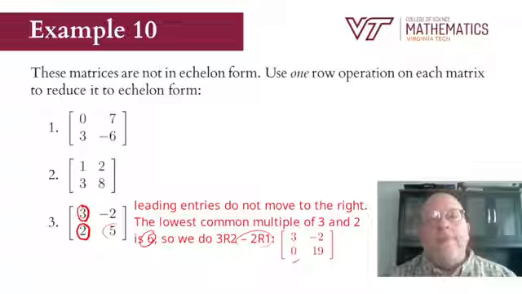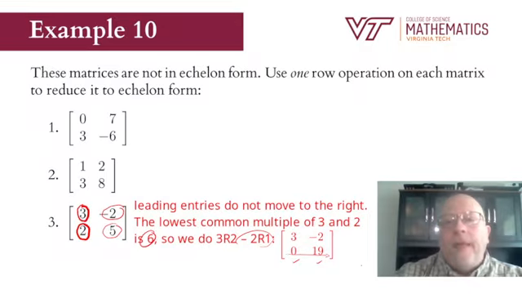So 3 times 5 is 15. Negative 2 times negative 2 is positive 4. 15 and positive 4 gives me 19. So once I start doing a linear combination, I have to do it all the way across. I can't just stop once I get my 0. I have to commit to doing it to the whole row.